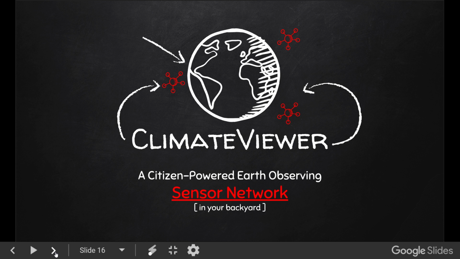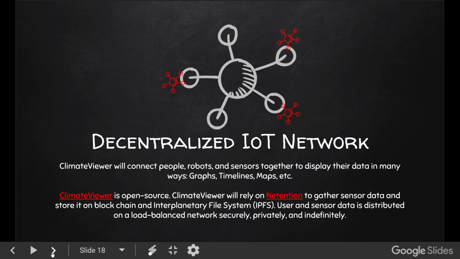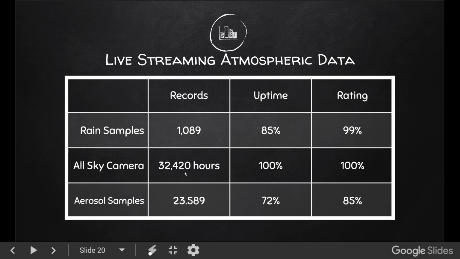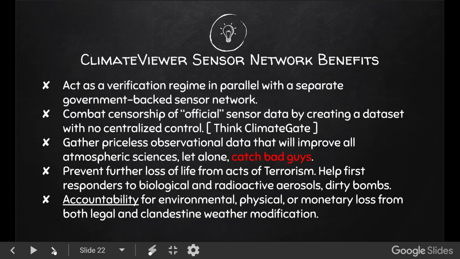As Diane Seidel said, we cannot detect weather warfare or rogue geoengineering. The CIA was curious about it because they want to be able to continue doing what they're doing. So this is the idea: using the Internet of Things to collect rain samples, camera samples, and aerosol samples to catch people in the act, and to know on a real-time map, similar to ClimateViewer, when people are doing weather warfare.